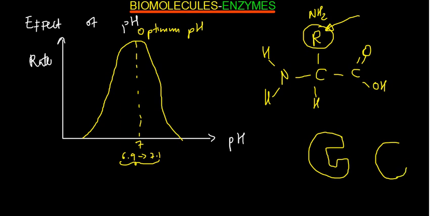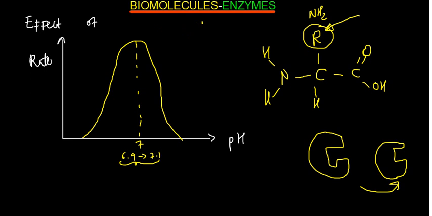And you know that for enzymes, whenever you change the shape, then you've denatured it. So it changes from here to there, then you have denatured the enzyme. So that is the effect of pH on the rate of an enzyme catalyzed reaction.